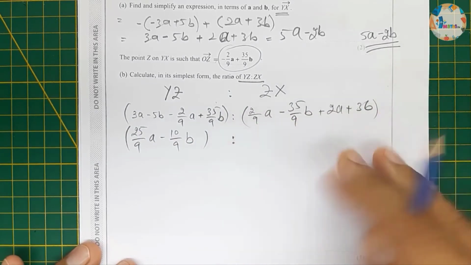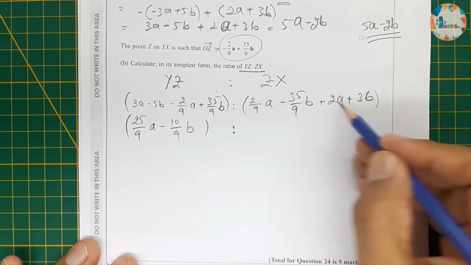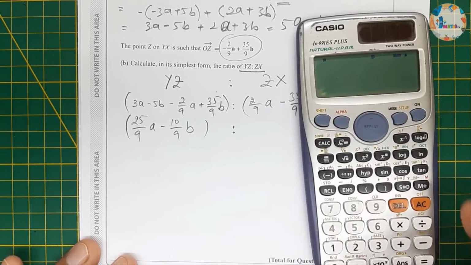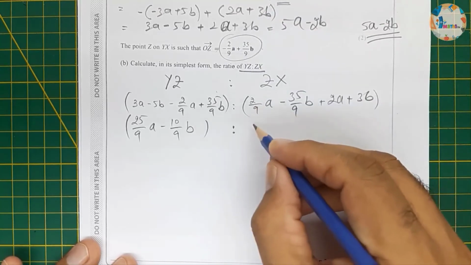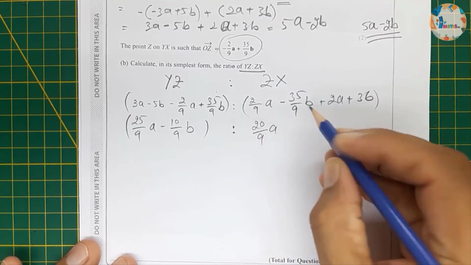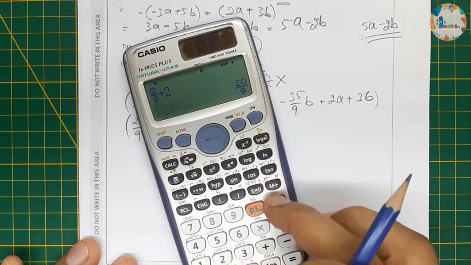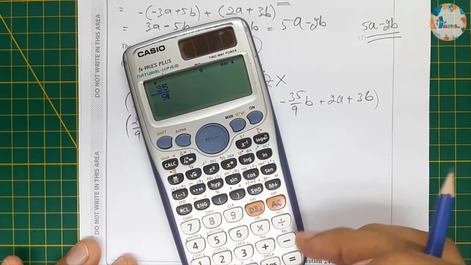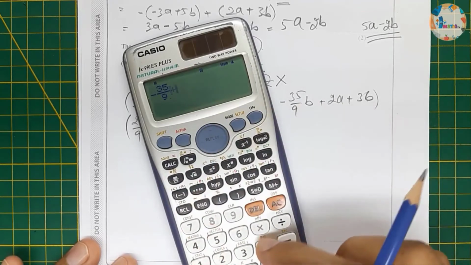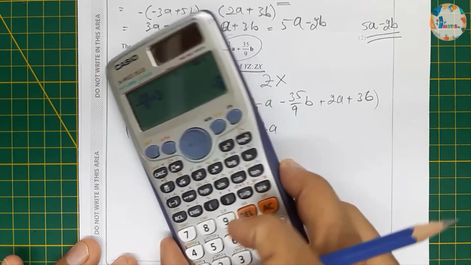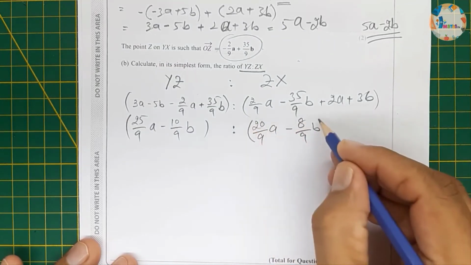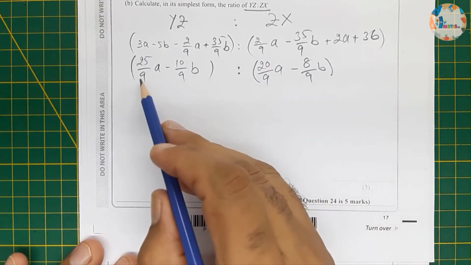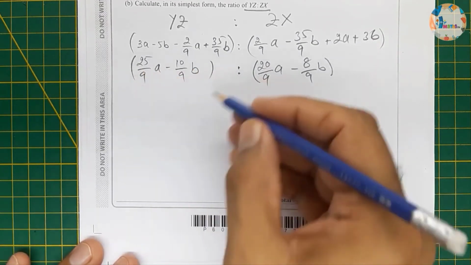This one we can again simplify: 2 over 9 plus 2 will give 20 over 9a, and minus 35 over 9 plus 3 will give minus 8 by 9b, and this is also in brackets. After this, we can take common 5 from this section.